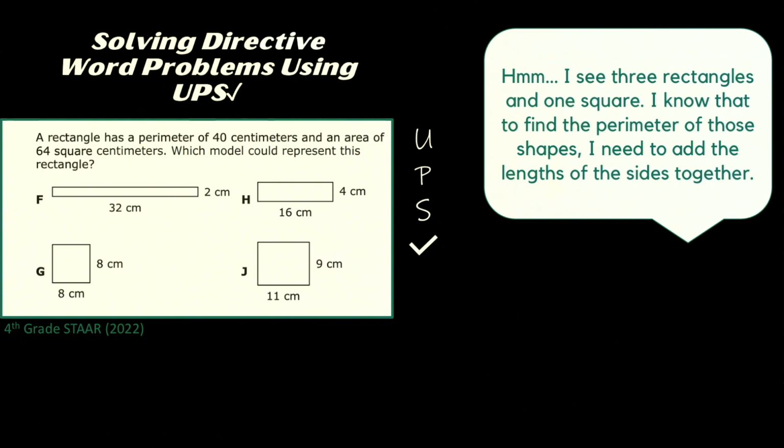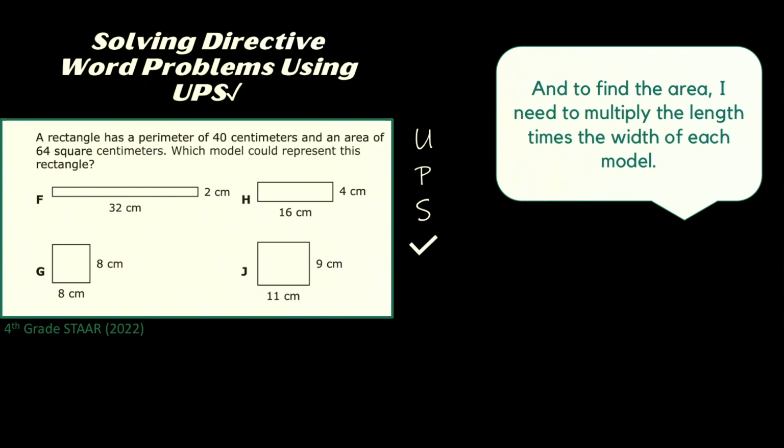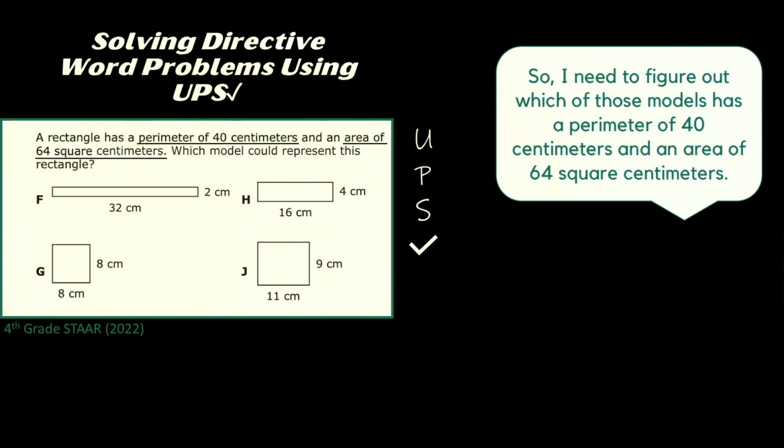I see 3 rectangles and 1 square. I know that to find the perimeter of those shapes, I need to add the lengths of the sides together. And to find the area, I need to multiply the length times the width of each model. So I need to figure out which of those models has a perimeter of 40 centimeters and an area of 64 square centimeters.